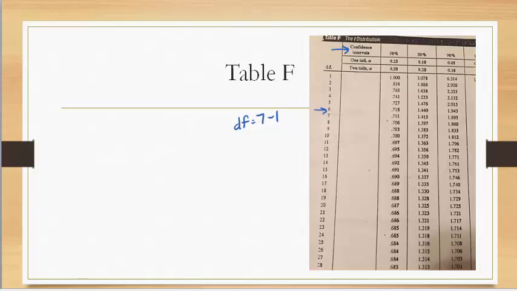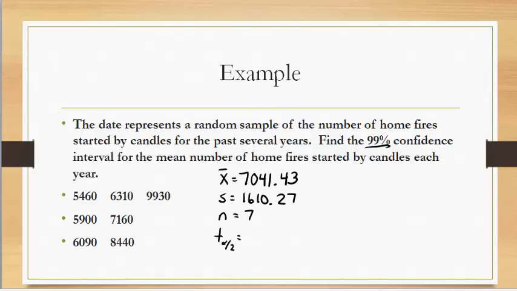The 99% will be the last column on the table, and we're going to use the 6. If you're looking at that, you should be at 3.707 for your t-value.